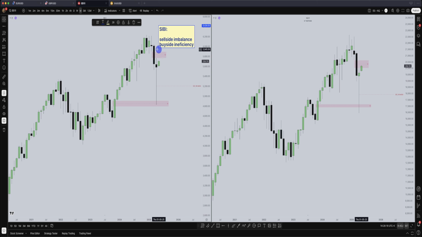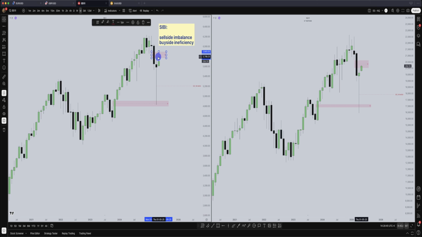Because we have this imbalance, price still has to come back and reprice this fair value gap. So on the buy side, there's this inefficiency. The buy side still didn't reprice this imbalance. It's just a more accurate way to differentiate the fair value gaps.